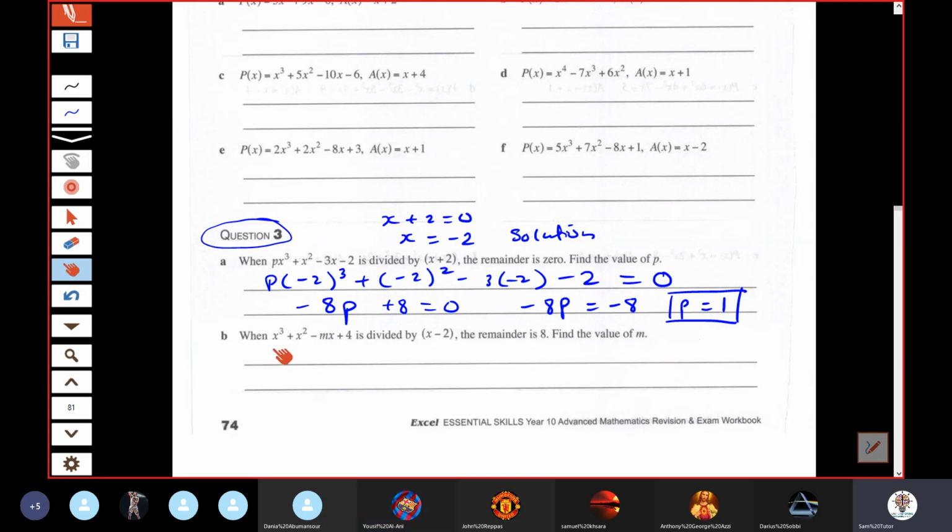Yeah. So look at B for a second. Again, look at it. Don't read into it too much. Just go, when this is divided by x minus 2, the remainder is 8. So that means when I sub x equals positive 2 into here, x is gone, gone, gone.